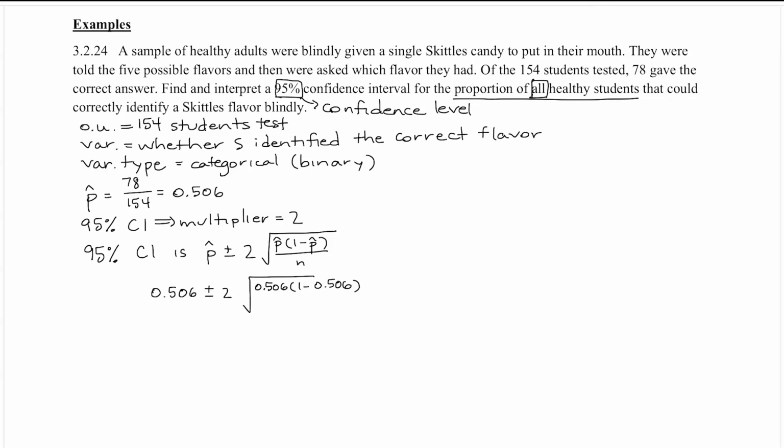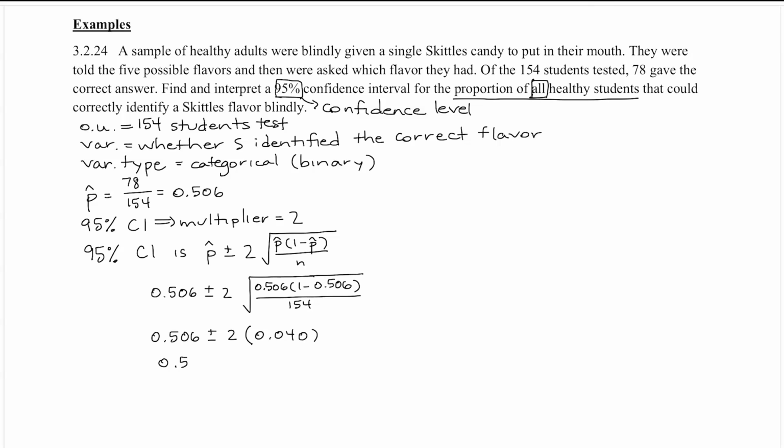So our statistic p-hat, we calculated as 0.506. So we now have to plug that in everywhere there's a p-hat in this formula. And then n, the sample size, is 154. So now I invite you to pause the video and do the calculation of the square root and see if you can come up with the correct answer.